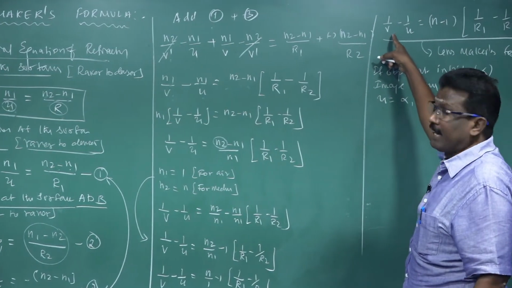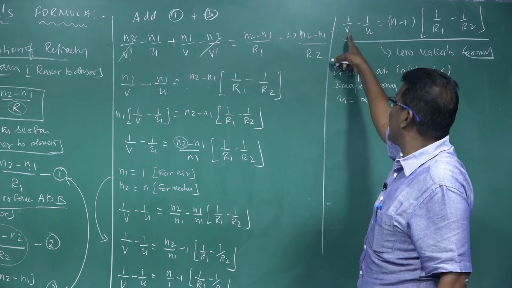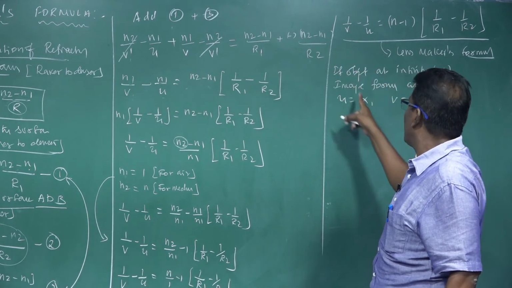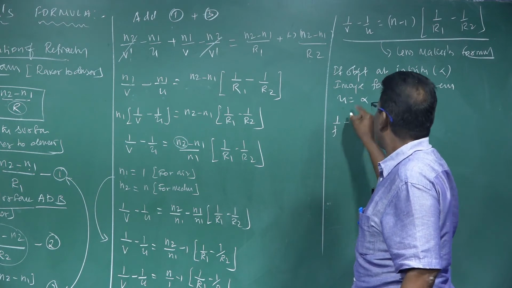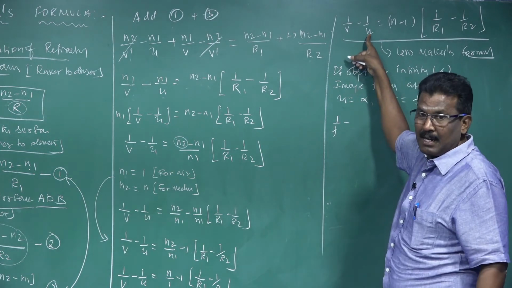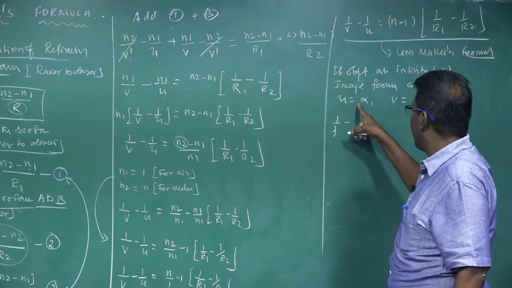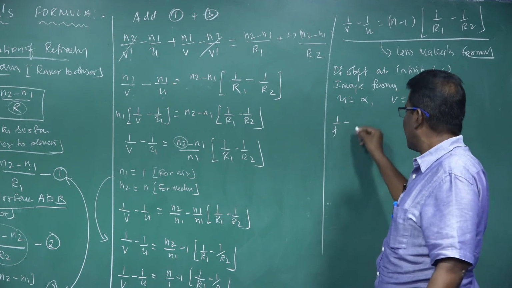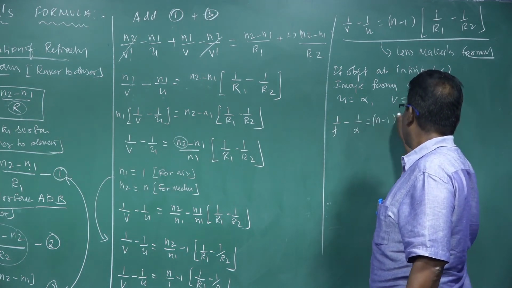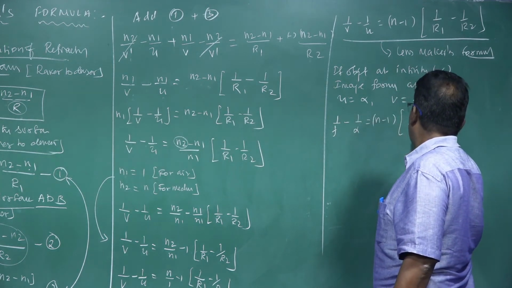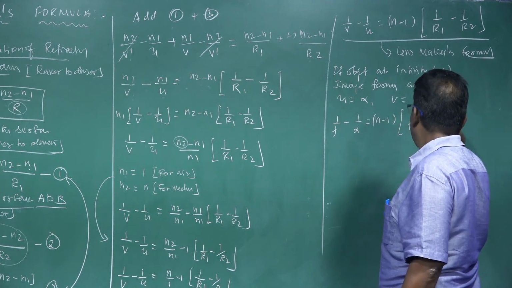Now we can rearrange this formula. Instead of v you put f, and u represents the object distance, which is infinity. So 1 by f minus 1 by infinity is equal to (n minus 1) times (1 by r1 minus 1 by r2).